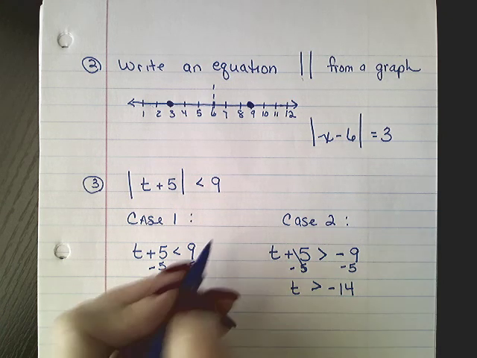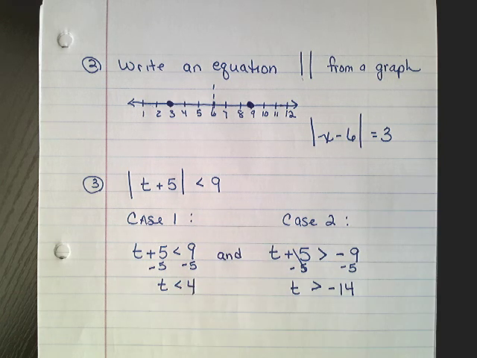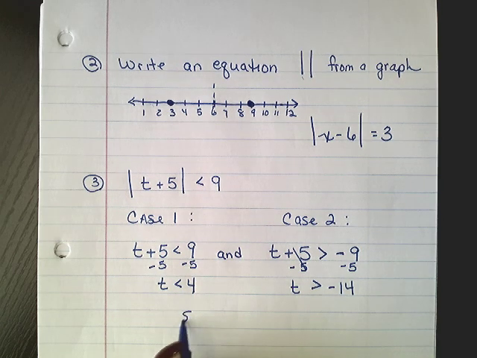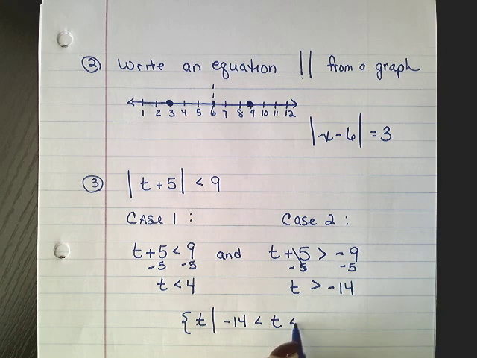So this is an and, because they are going to intersect. So therefore the solution set for all values of t, negative 14 is going to be less than t, which is going to be less than 4.